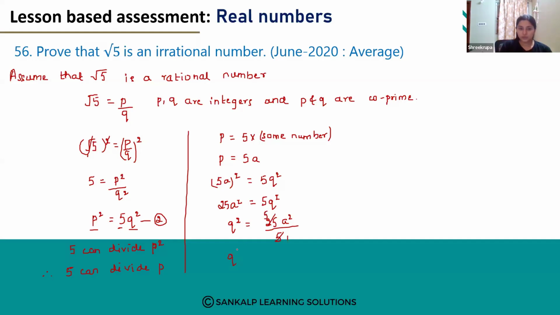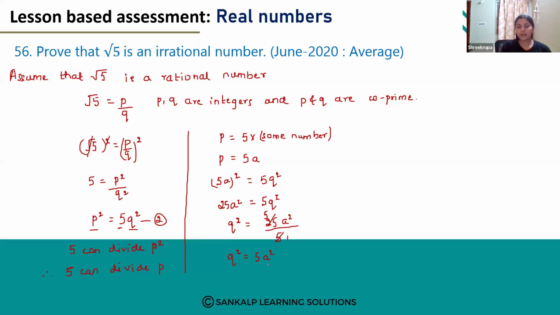So Q square is equal to 5A square. See, this is the equation we get and it is very similar to this equation, correct? So we can say Q square is the product of 5 and some number A square.